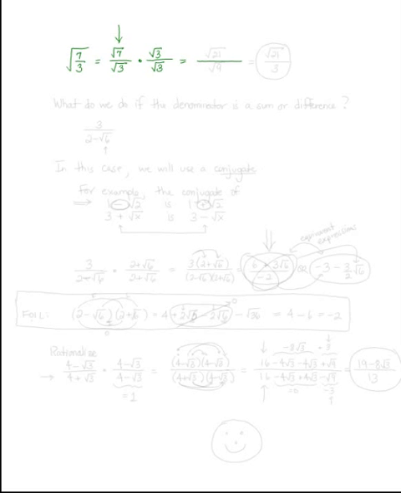So looking at our numerator, we have the square root of 7 times the square root of 3, which is the square root of 21. Our denominator, square root of 3 times the square root of 3 is the square root of 9. But the square root of 9 is 3. Our numerator remains square root of 21.